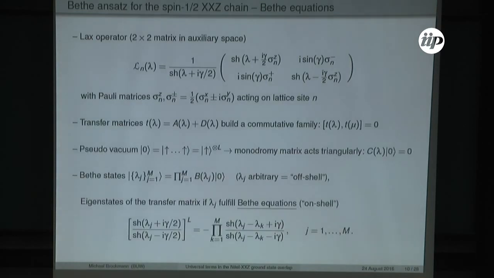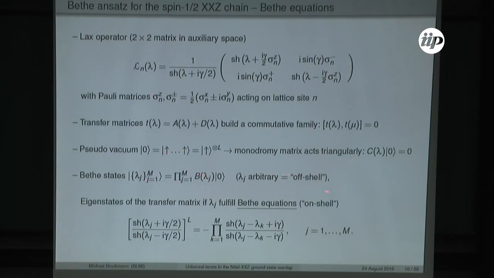Then we choose a pseudo vacuum state, called 0, which is a ferromagnetic state with all spins pointing up. One can prove that the C operator acting on the state gives 0, so the monodromy matrix has a triangular structure. Then you define states as a product of M B operators acting on this vacuum state, and these states are called Bethe states.